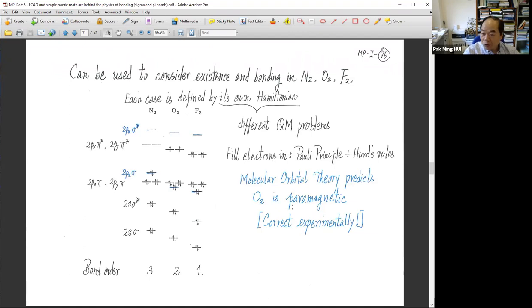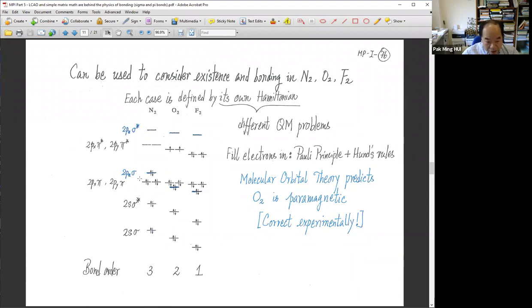So here is one picture for three molecules: N2, O2, and fluorine, so F2. Let's start with N2, okay? Now, here we have the lineup for 2s sigma, sigma star. So these two states are the 2s bonding, ss bonding, ss anti-bonding.